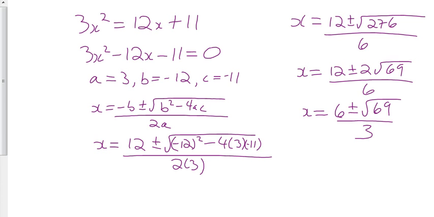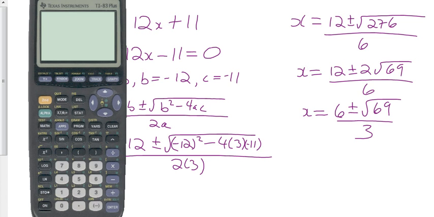you could take this and store it in your calculator, which you would only do at the end of a test anyways. So we could take 6 plus root 69 divided by 3, and I'm going to store that in A. Hit enter.